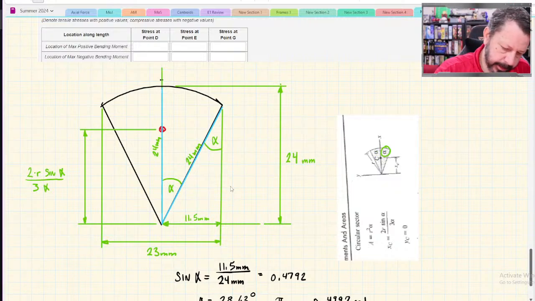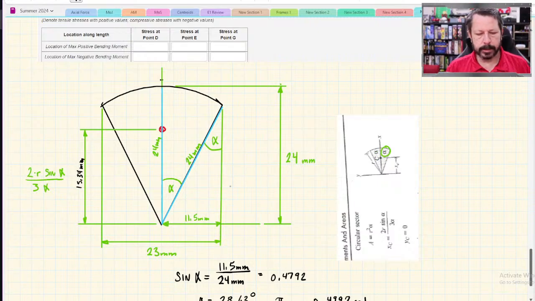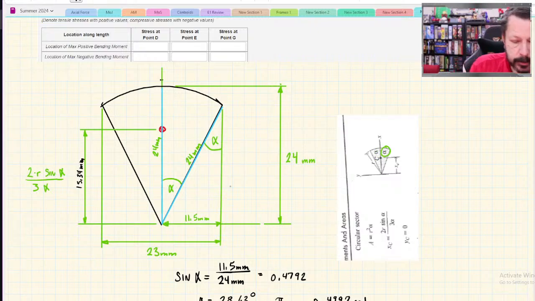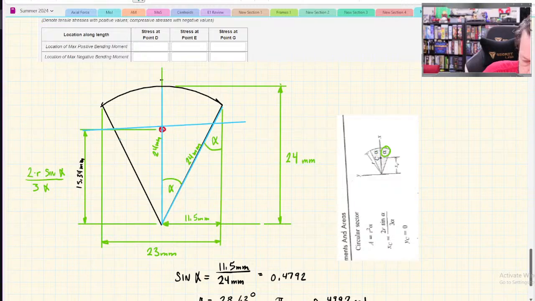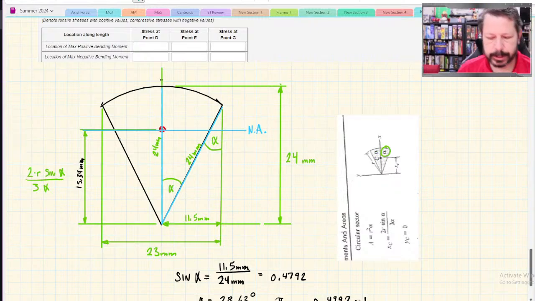That seems reasonable. Based on the scale of everything, that seems like a reasonable number. So that's where our neutral axis is, going through the centroid.